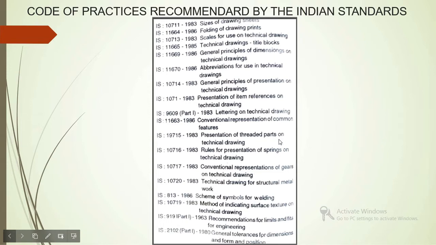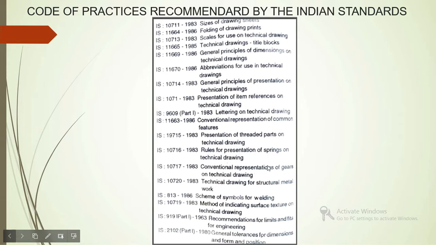Presentation of threaded parts. For example, either a hole or a shaft will have a thread. That representation is standardized in Indian standard 10715. Next, springs: the spring representation is available in Indian standard 10716.